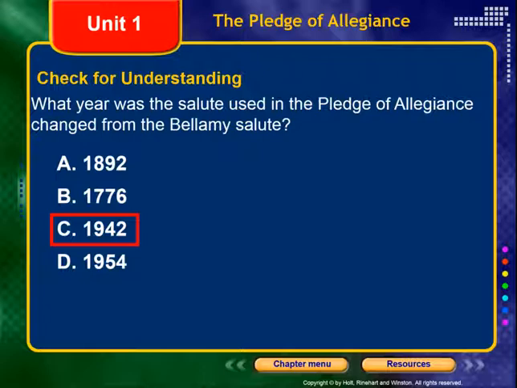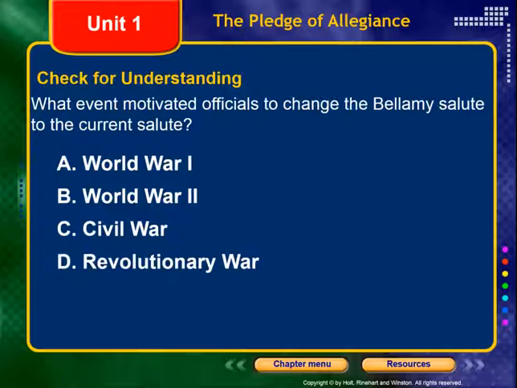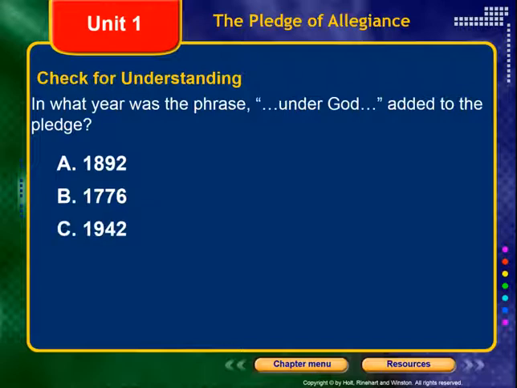Adolf Hitler was around in World War II, and World War II was the 1940s. What event motivated officials to change the Bellamy Salute to the current salute? Like I just said, it's World War II. In what year was the phrase "under God" added to the pledge?